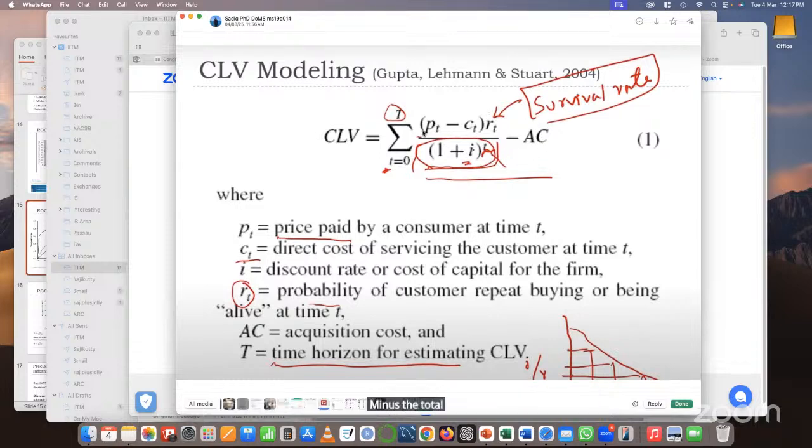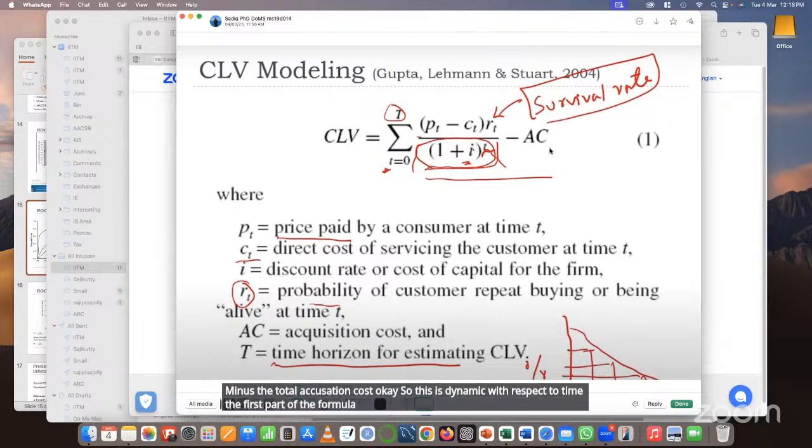Okay. So the first part of the formula is dynamic with respect to time, and this is one time, which is subtracted in the first time period itself, and then it doesn't have to be deducted again. So that gives the overall value.